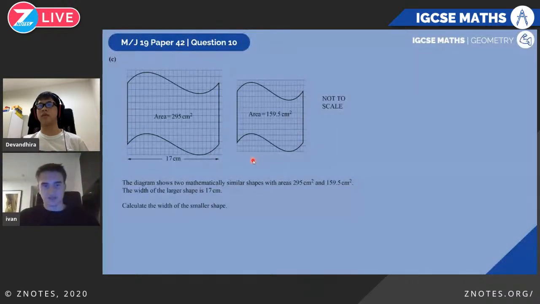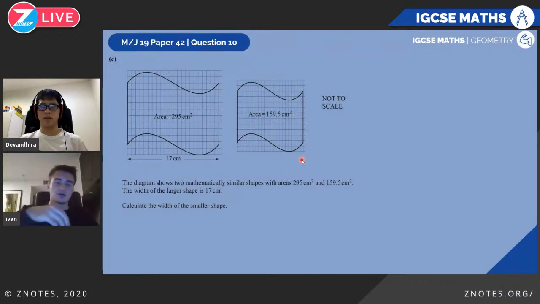In this case, it works exactly the same way. If this 17 got made into some number like 10, then you have a ratio of 17 to 10, and the areas go by the square of that ratio.